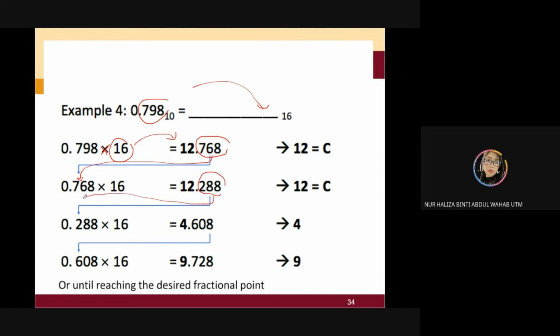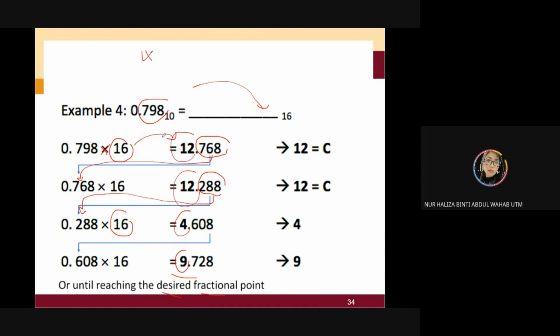You will bring downward again and repeat similarly. If you continue, the fraction number will continue to grow small, and it's not going to stop. You will only stop when you reach the desired fraction point. If it's mentioned 4 fraction numbers, you stop at 4.